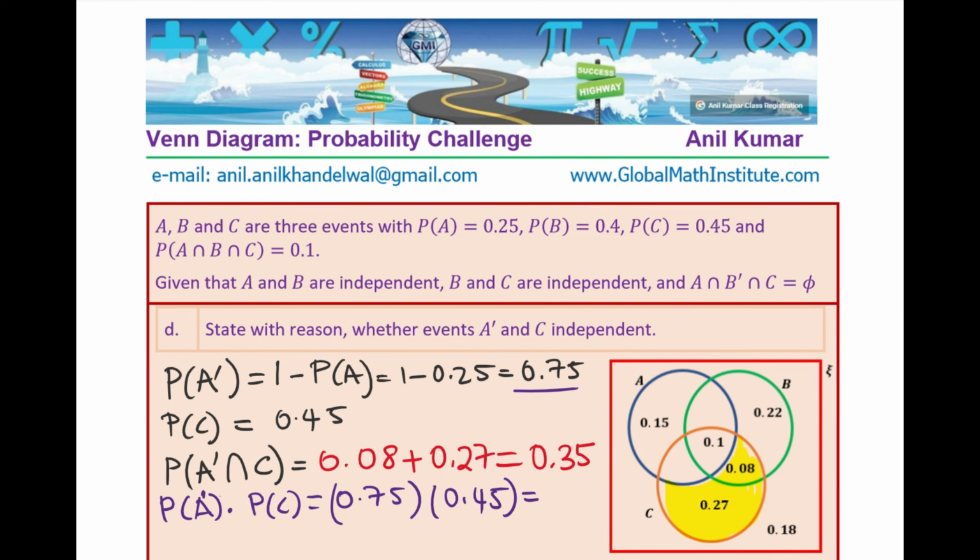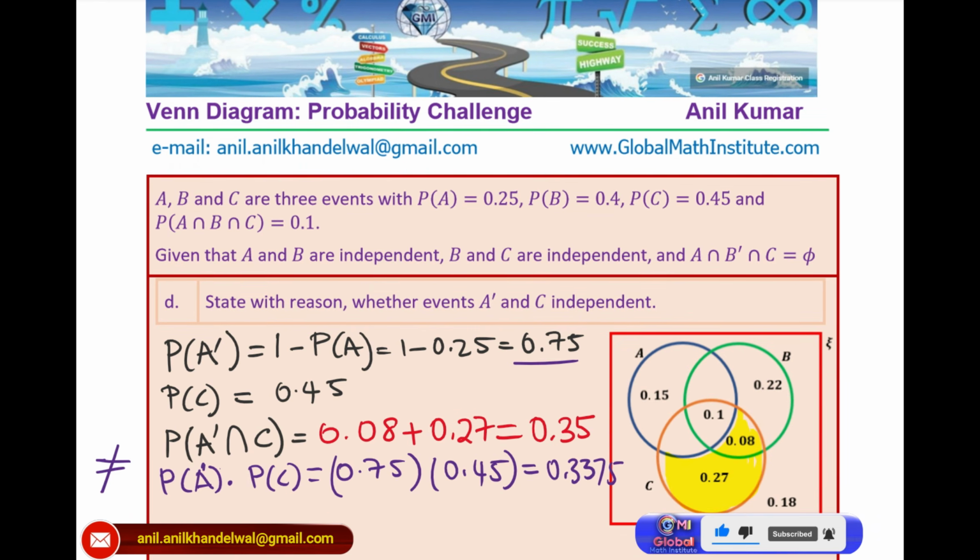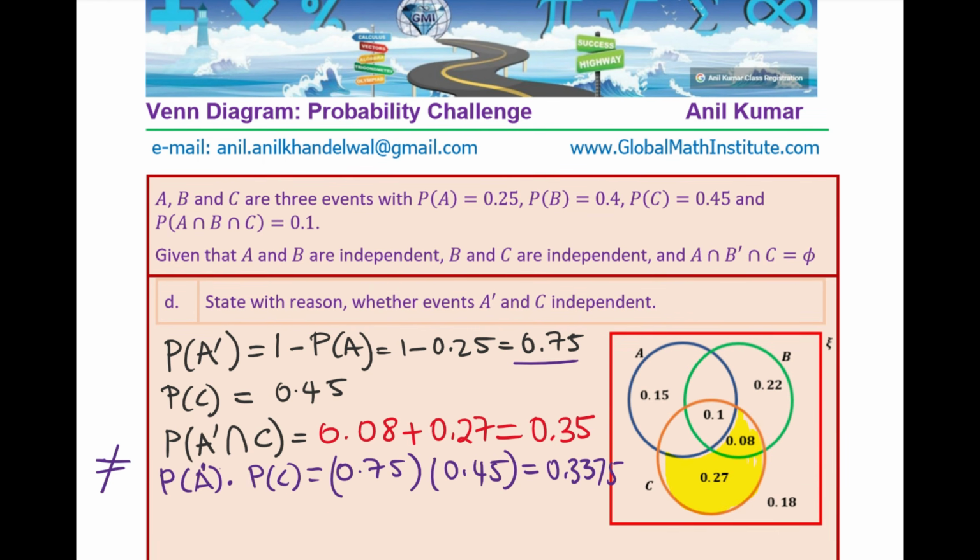And we get what? 0.75 times 0.45 is equal to 0.3375. Now they are not equal, right? So you see that they are not equal. Since they are not equal, the events are not independent. You get the idea, right?